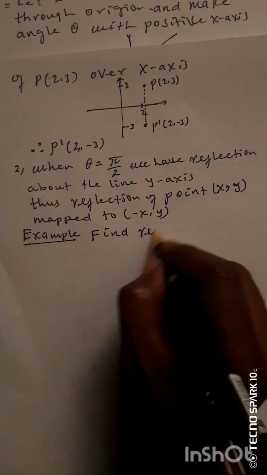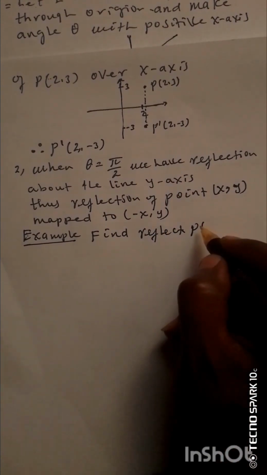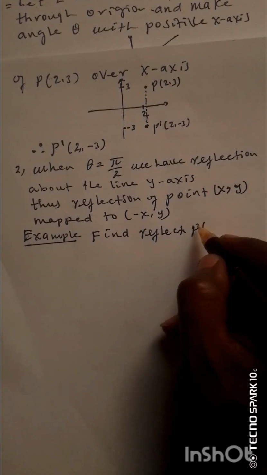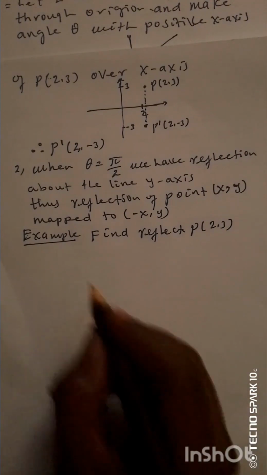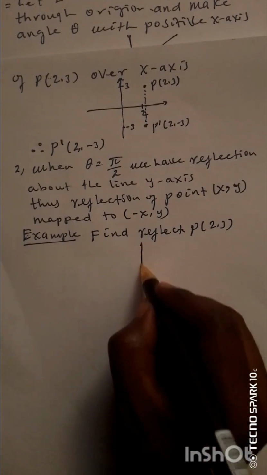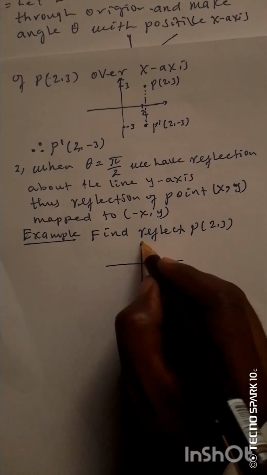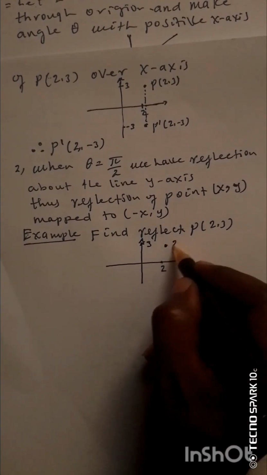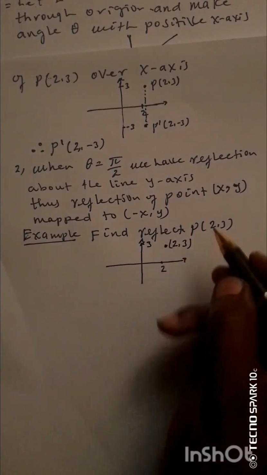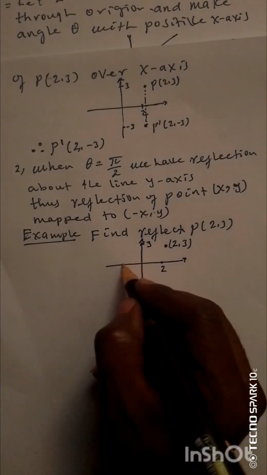Let's see an example for this one. Example, find the reflection of the point 2, 3 over the line y-axis. Let's see the image on the plane. Now the point P is given, that is 2, 3.